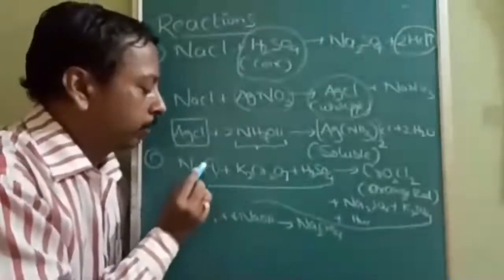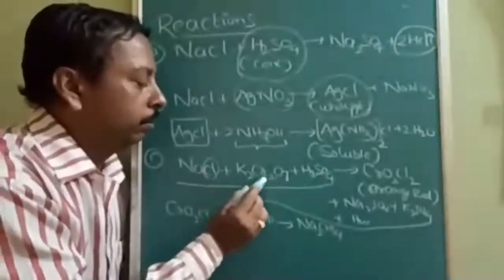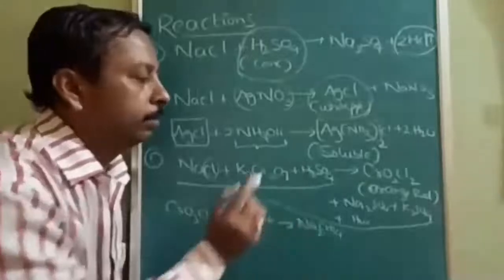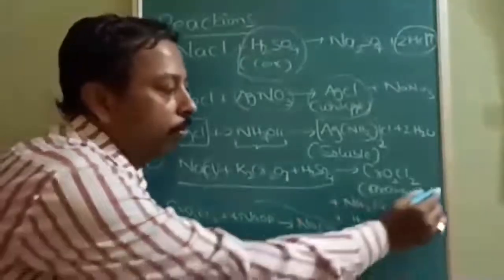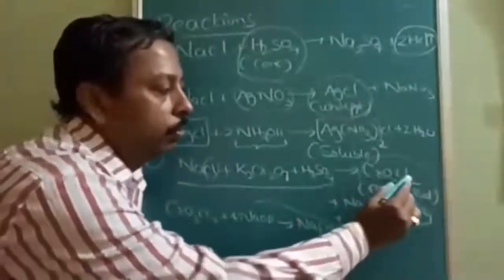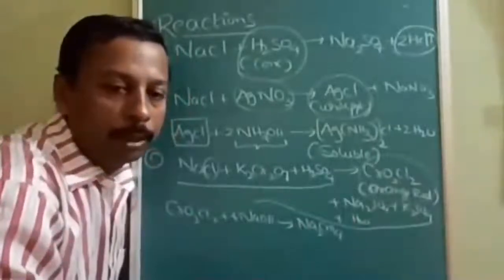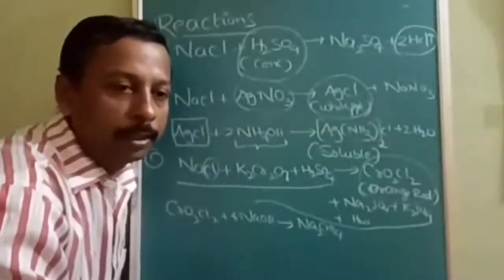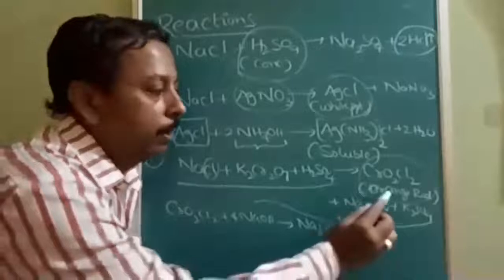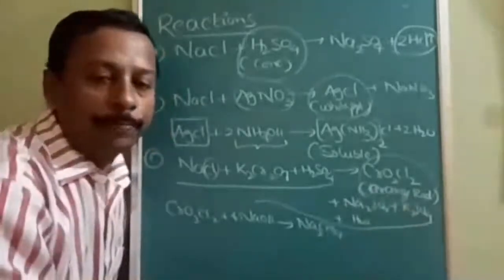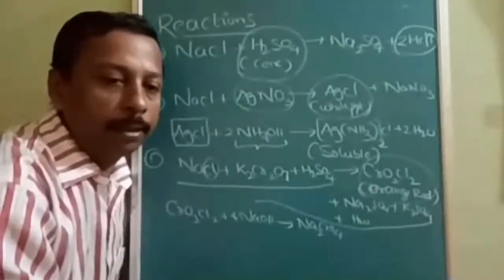Very important is the chromyl chloride test. When chloride is present and treated with potassium dichromate in acidic medium, chromyl chloride, formula CrO2Cl2, is formed. The speciality of this is that it is an orange red colored vapor.